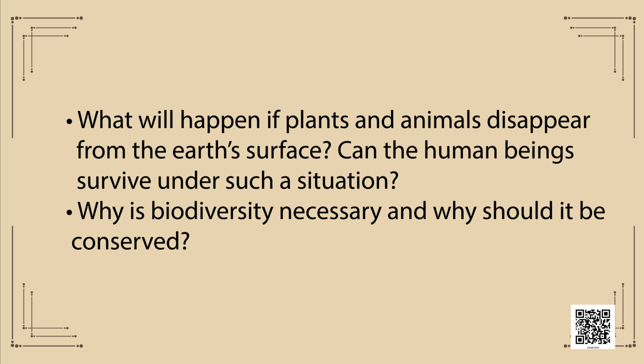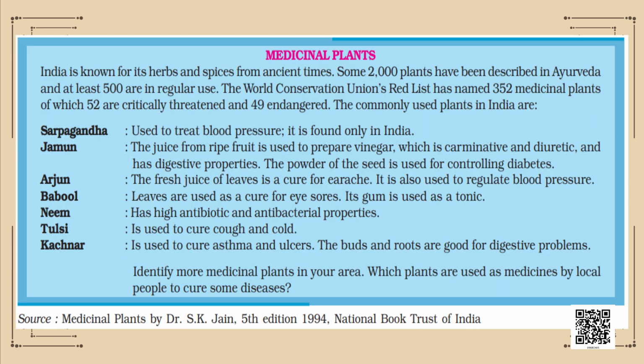Now let's move further and talk about some plants that have medicinal value. Children, do you know that India is known for its herbs and spices from ancient times? Some 2000 plants have been described in Ayurveda and at least 500 are in regular use.